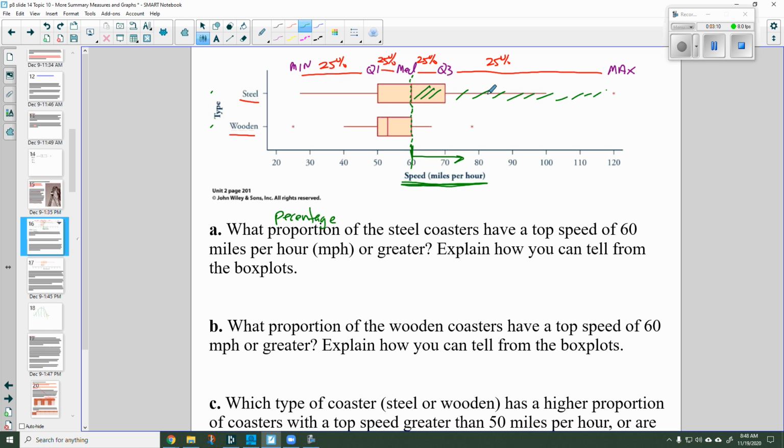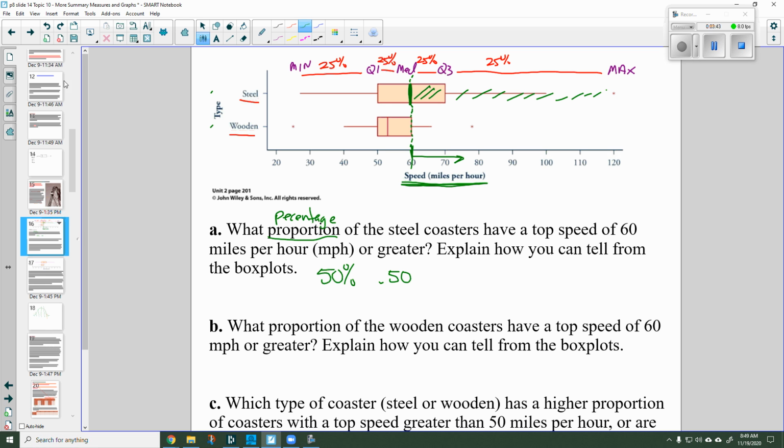That's 25% plus 25%, so the answer is 50%, or as a proportion, a decimal, 0.50. I didn't even have to add the 25% plus 25% because I can see that the 60 miles per hour lands right on the median marker of the box plot. And we know by definition that the median is the spot that divides half the data. So half the data is on that side and half the data is on that side.